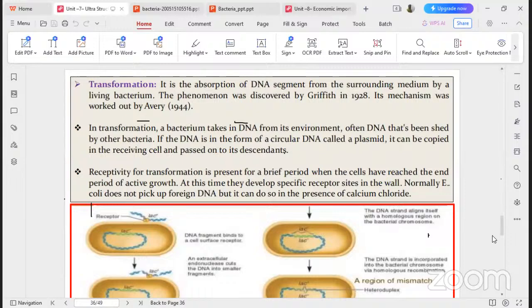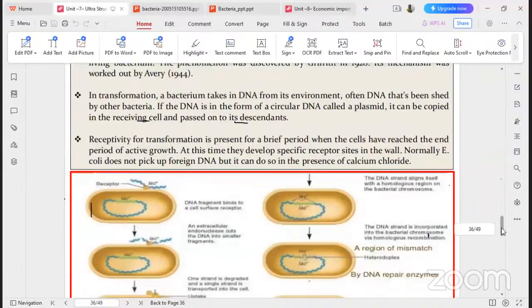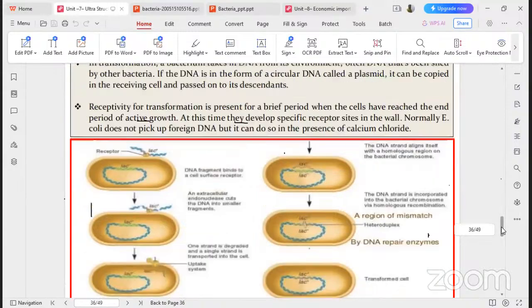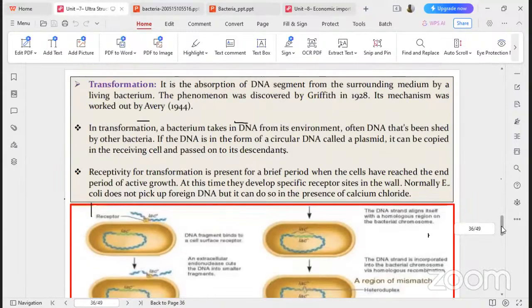Transforming means exchanging, transferring, moving the genetic material from one to the other.